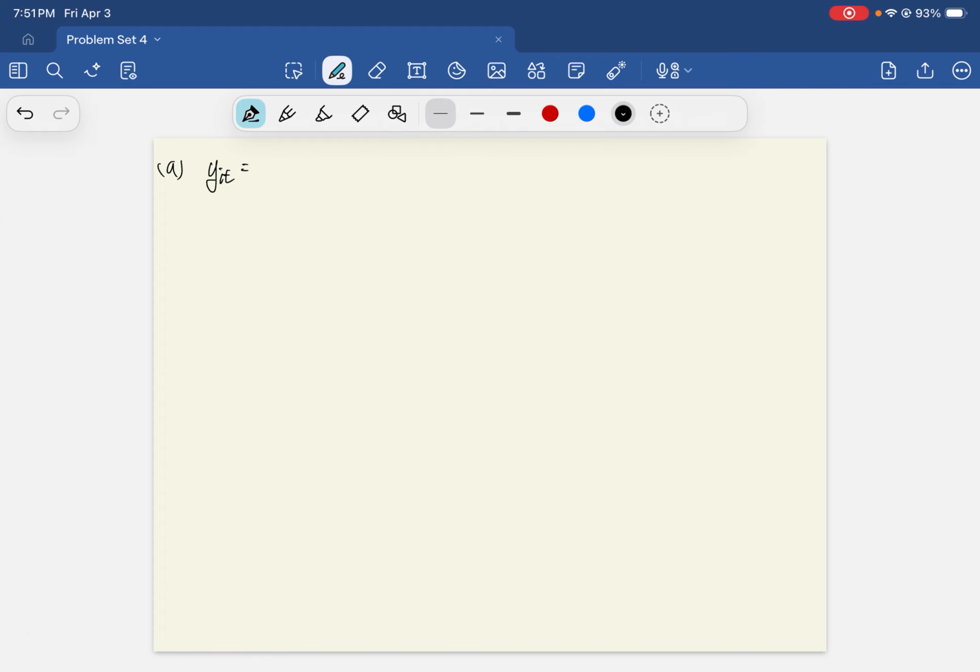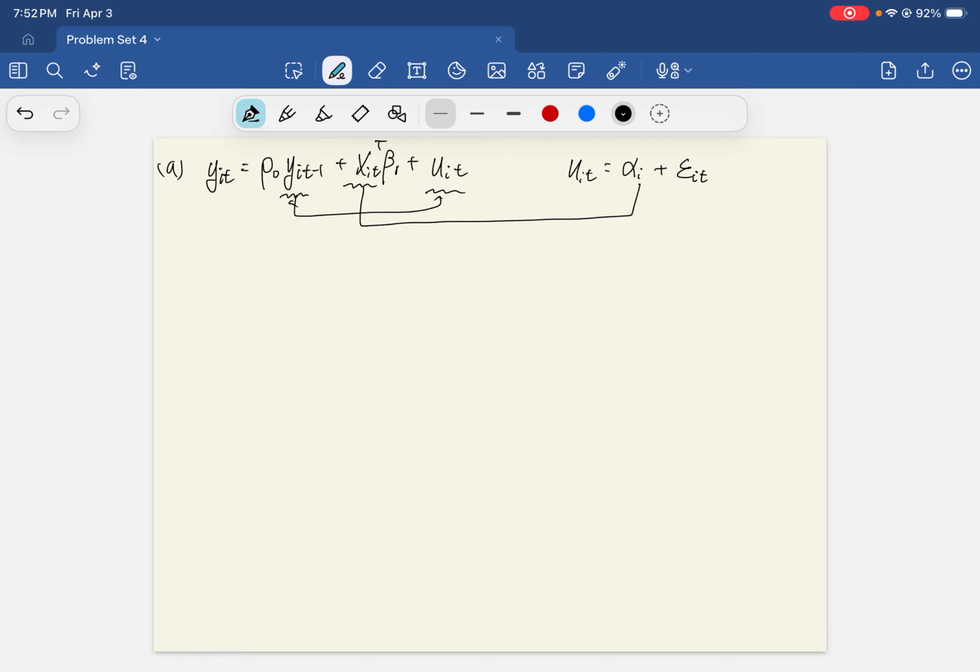Back to the question. I am going to write it this way, where u_it, the total error term, can be decomposed into the permanent shock and the transitory shock. In this case, we are particularly worried about the correlation between these two. And actually, X will also usually be correlated with alpha.